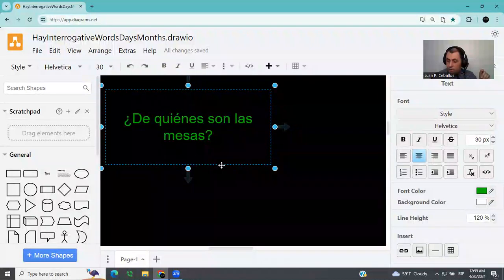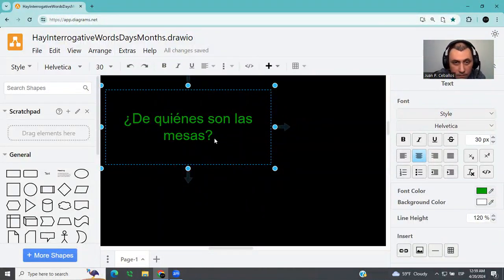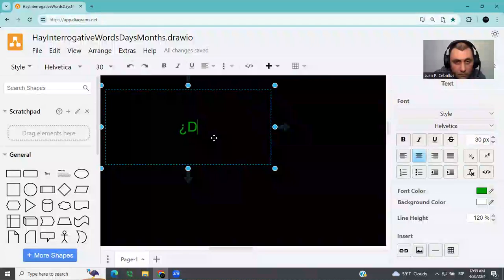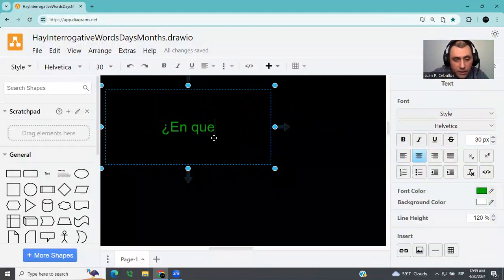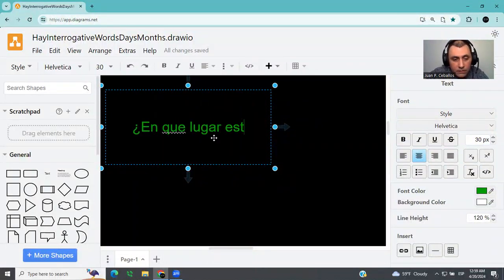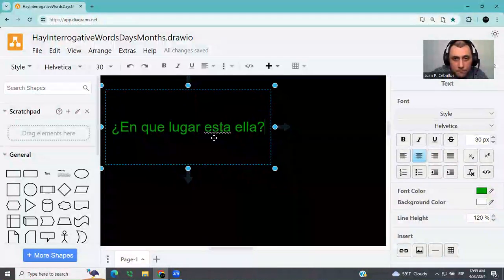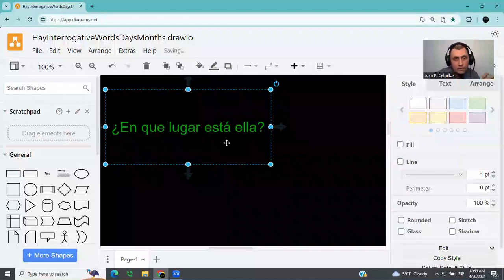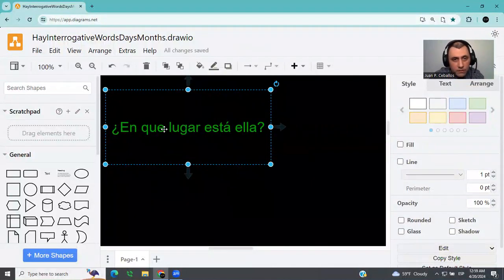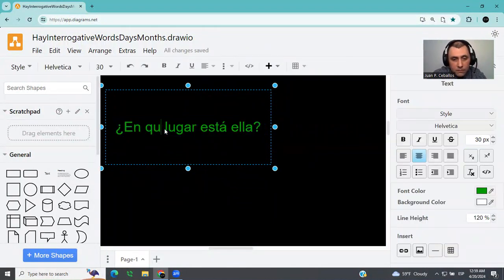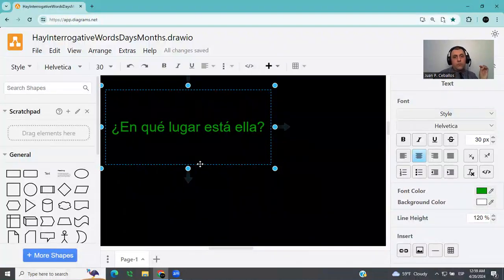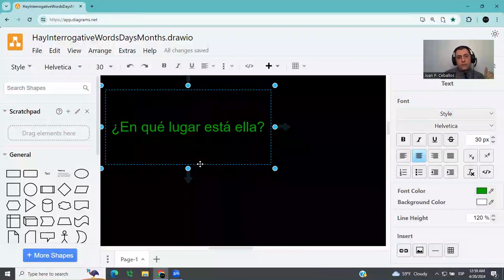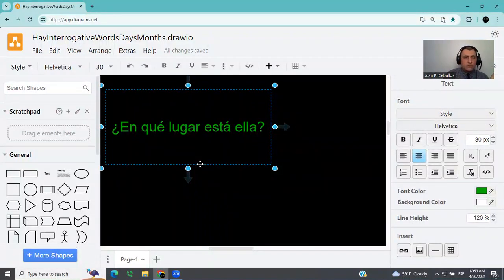The next will be qué. Example will be en qué lugar está ella. That will be in which, what is, in what place is she at, or in what place she, something like that.